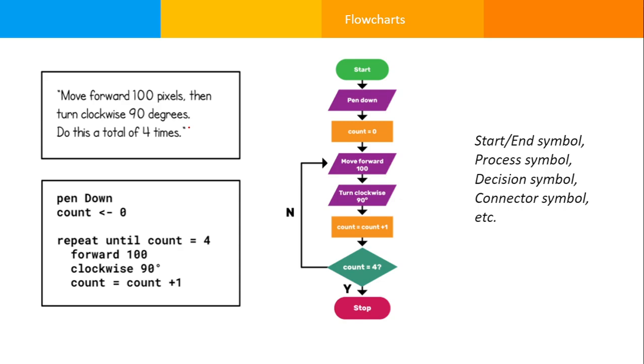Some too can decide to translate this to a flowchart. So you could see that this flowchart is using shapes and symbols to be able to represent the step-by-step instructions you have to follow to be able to solve this particular problem.